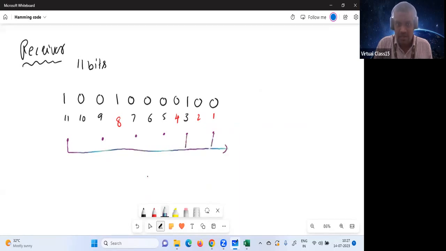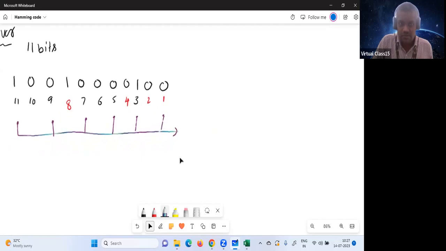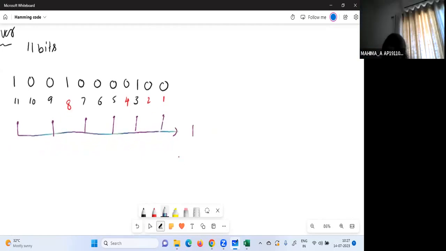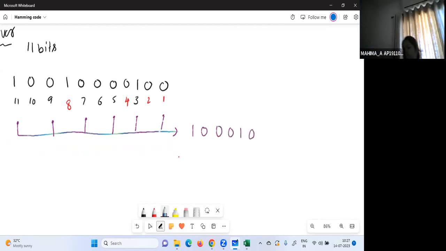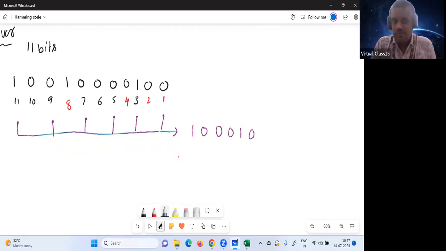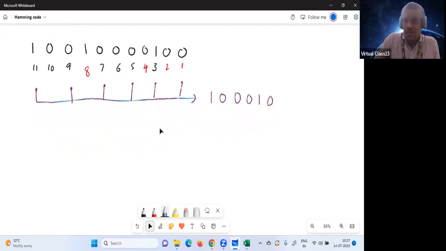By considering all these bit positions, what is the binary string form? 1 0 0 0 1 0. This is P1 related.